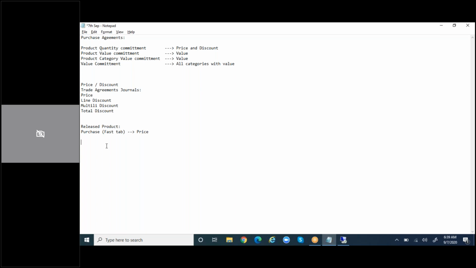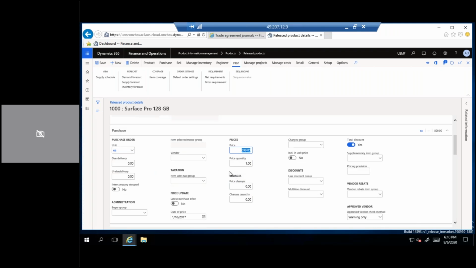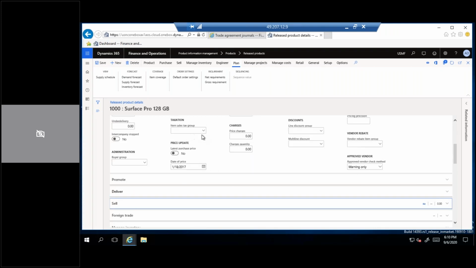The same procedure applies for sales also. First, it will verify sales agreements. Once it is available, then it will capture from here. If the sales agreement price does not exist, it will verify trade agreements for sales. If it does not exist, it will capture from the sell tab. I mean, it's a fast tab, not a tab.